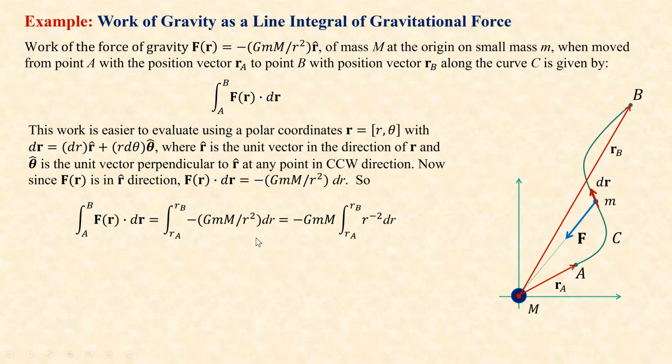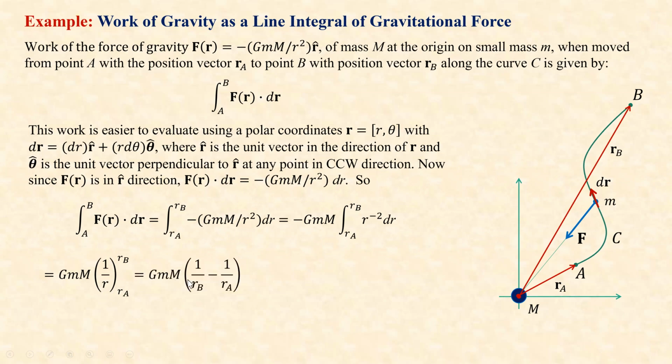So we can put the negative signs and constants outside, and the integral from r_A to r_B of r to the negative 2, which is 1 over r squared, dr. The integral of r to the negative 2 becomes negative r to the negative 1. So 1 over r from r_A to r_B means evaluate this at r_B minus its evaluation at r_A.